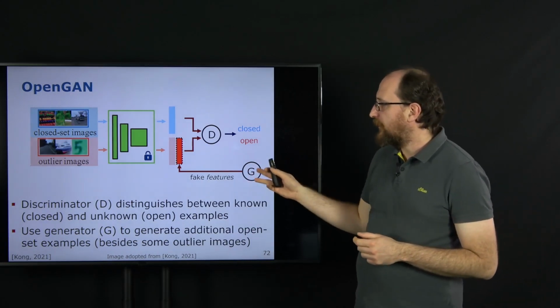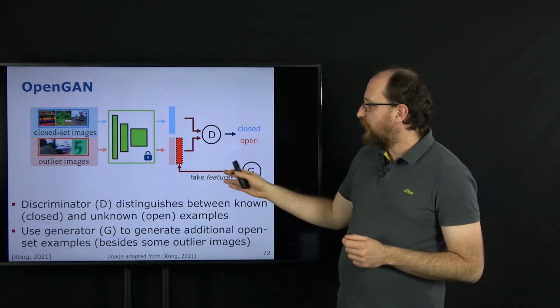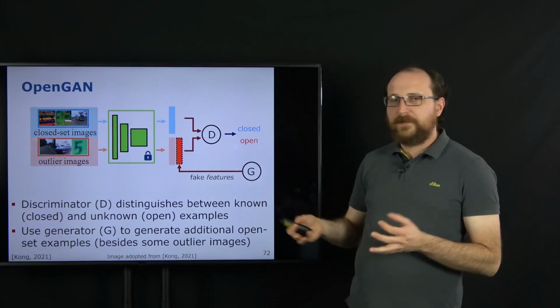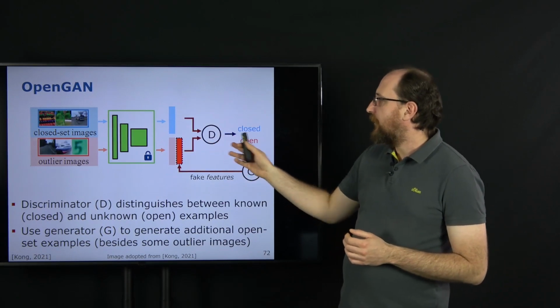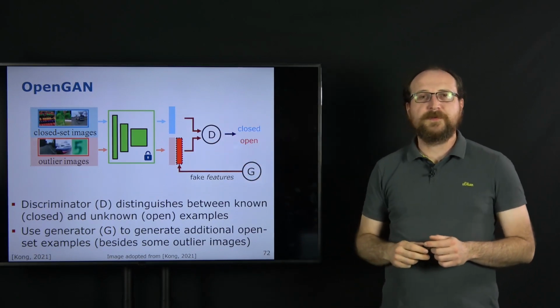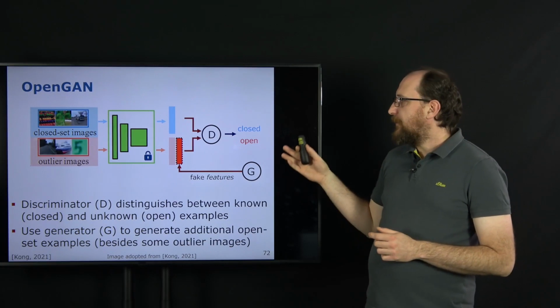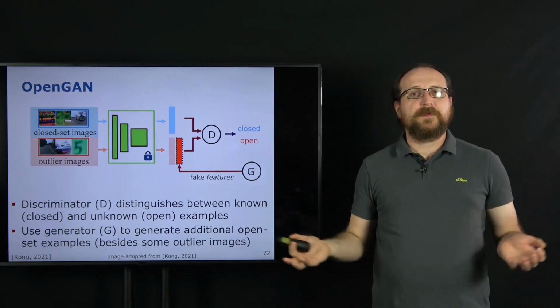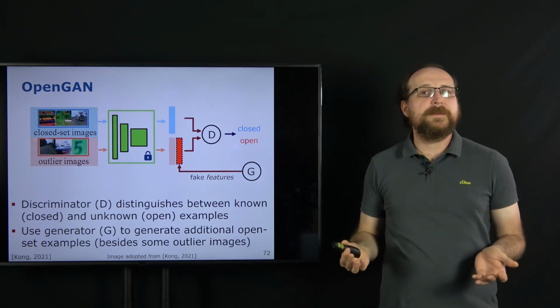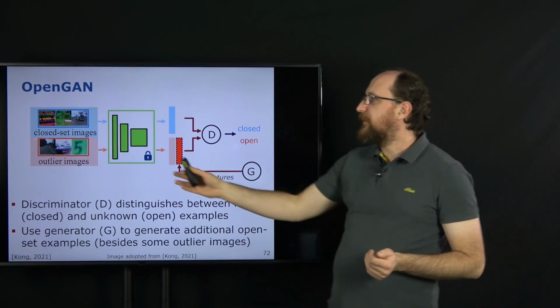The task of the generator is to provide additional so-called fake features such that the discriminator has a harder job to distinguish closed from open images, and maybe learns in the end to be more robust for images that it had not seen before, so for outlier images that were not present in the training.